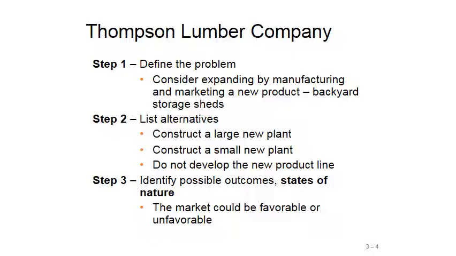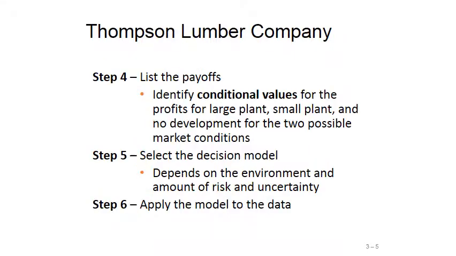There are 2 possible states of nature: a favorable market, where lots of people buy storage sheds, and an unfavorable market, where few people buy storage sheds. Now we list the payoffs for each combination of alternatives and state of nature, which we will see on the next slide. We will see which decisions should be made based on the applications of 5 different decision models.